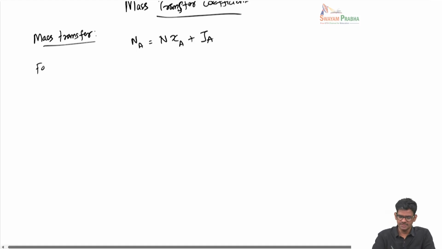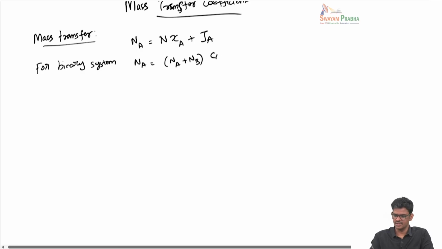For a binary system, we can write this as N is Na plus Nb, Xa can be written as the ratio Ca by C, and Ja is -DAB dCa by dZ. So here I am writing the one dimensional diffusion equation based on Fick's law.